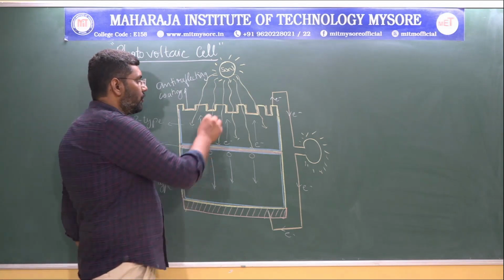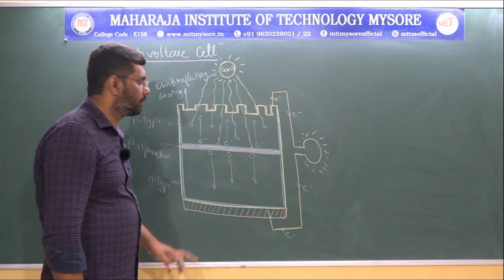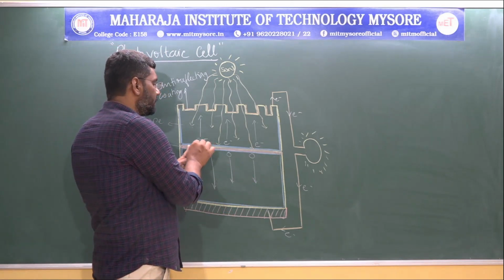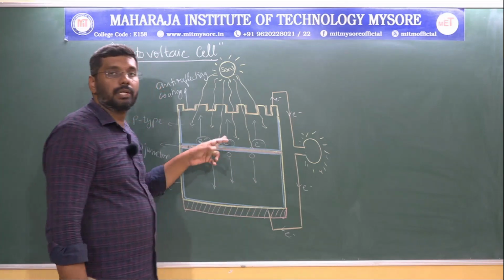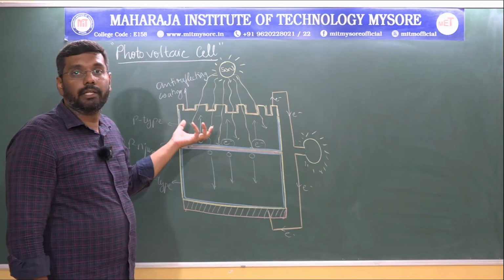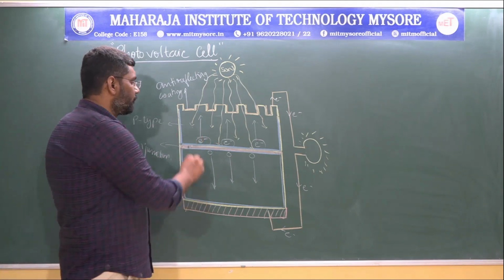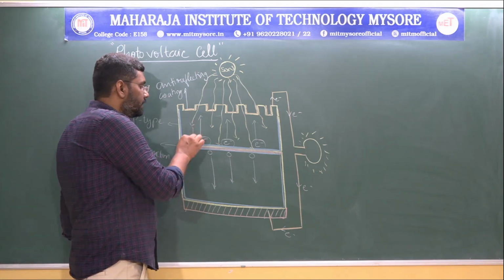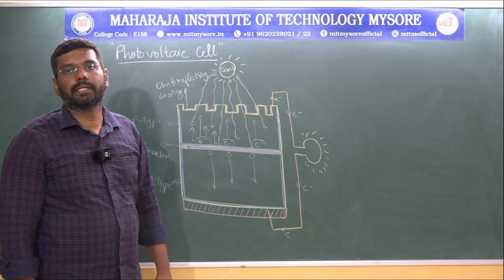Okay, and when it falls on the surface area of the PN junction, what happens? The electrons which are present in the PN junction will accept the energy from this electromagnetic radiation and get converted from ground state to excited state. Why does it get converted from ground state to excited state?